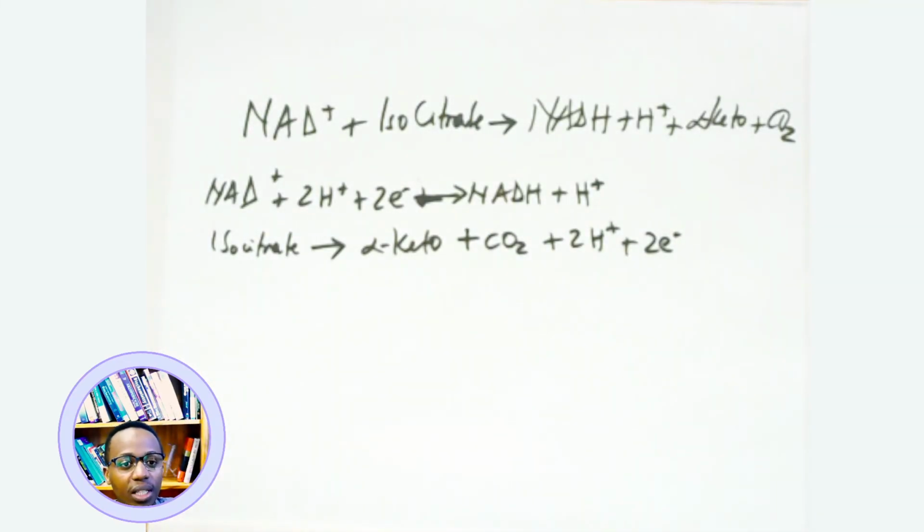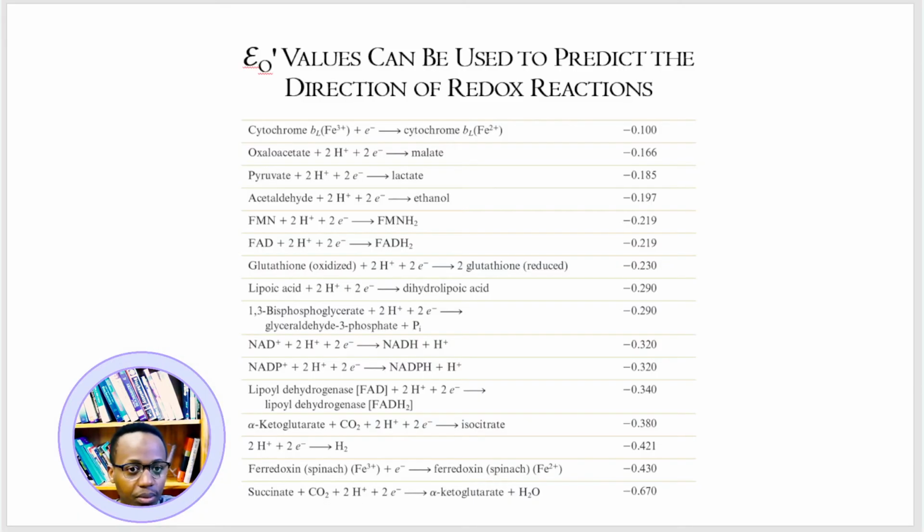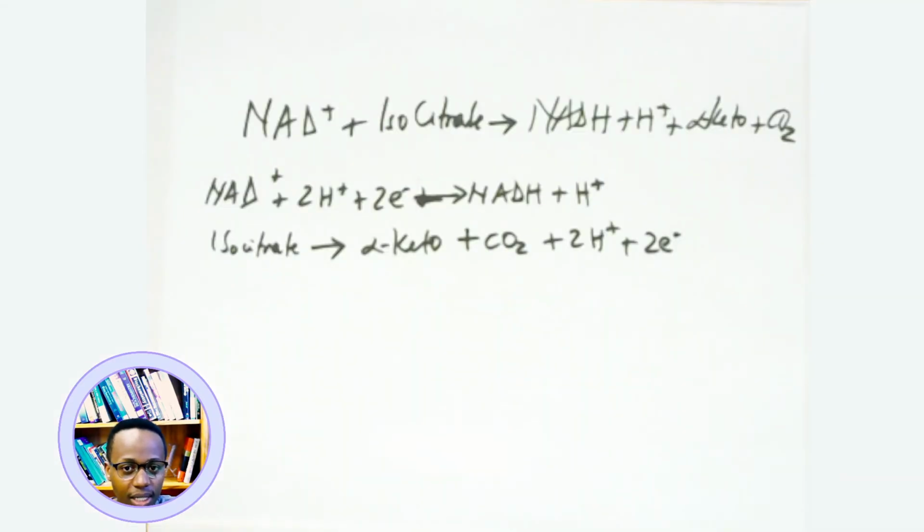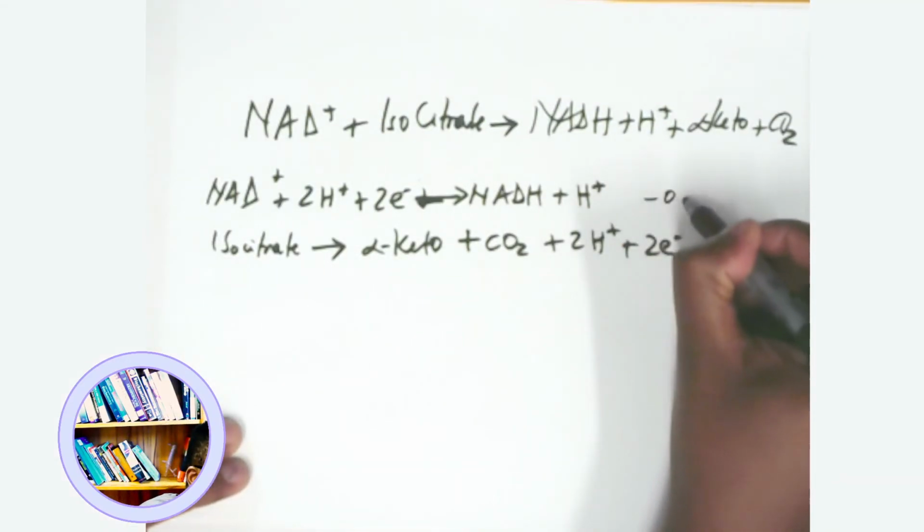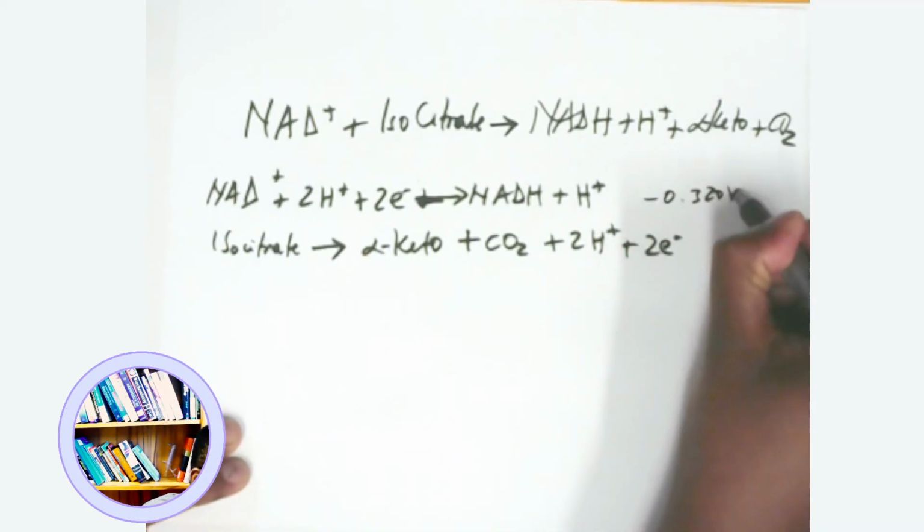Now let's look at the potentials. NADH, the potential for NADH is written as negative 0.320 volts, right?